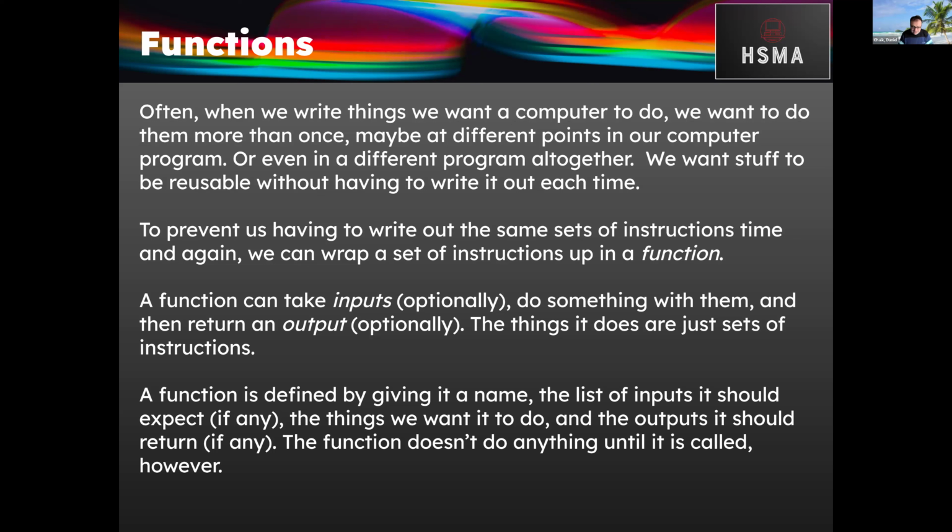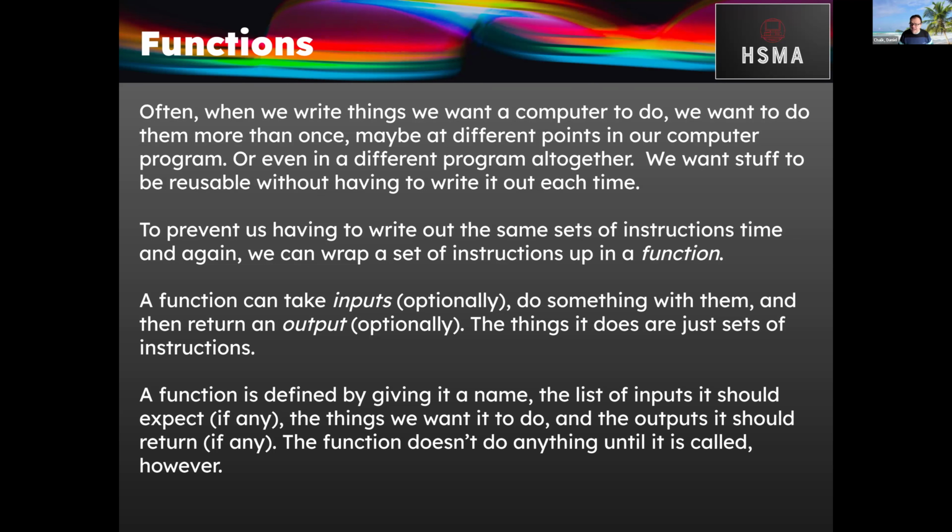So we define a function in Python by giving the function a name. We provide it with a list of inputs it should expect, if we have any. The things we want it to do, which is the body of the function, and any outputs that it should return. But it's important to remember, when you write a function in Python, when the Python interpreter gets to that point in the code, it will read in that function definition, but it won't do anything with it at this stage.